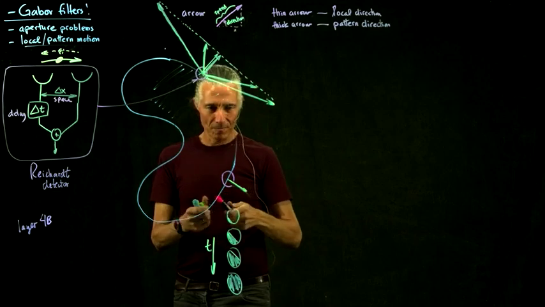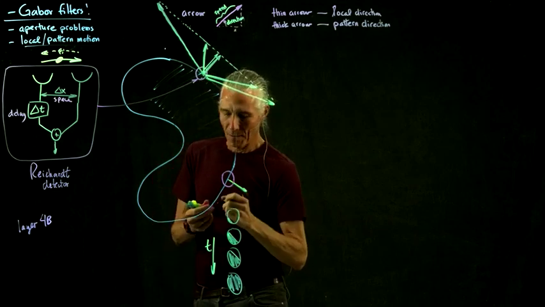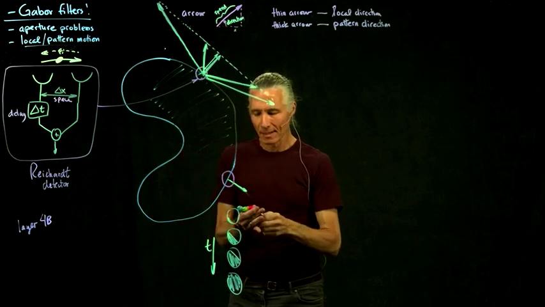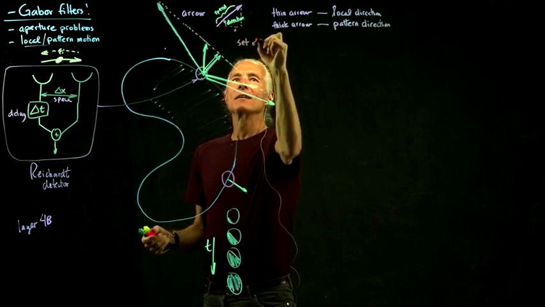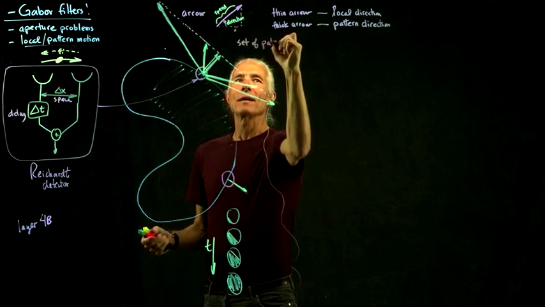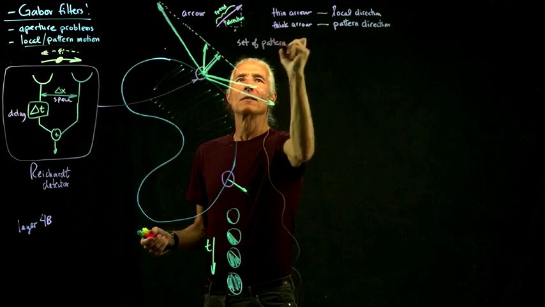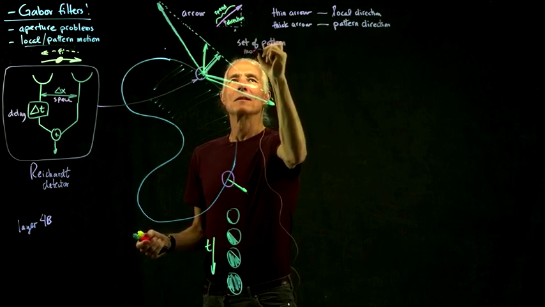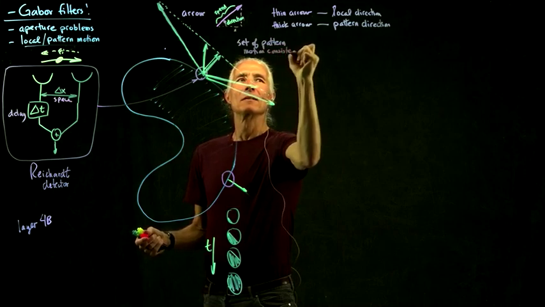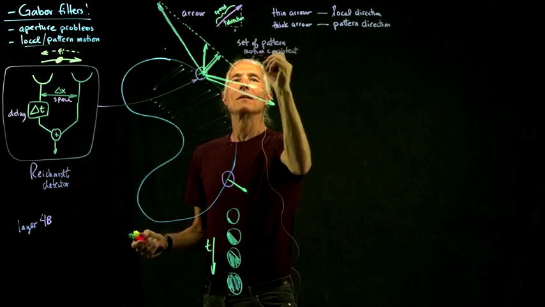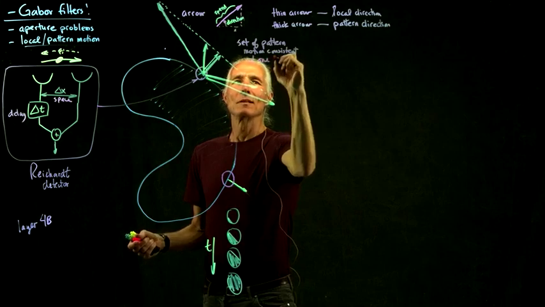So now, what are the set of pattern motions consistent with one local motion?